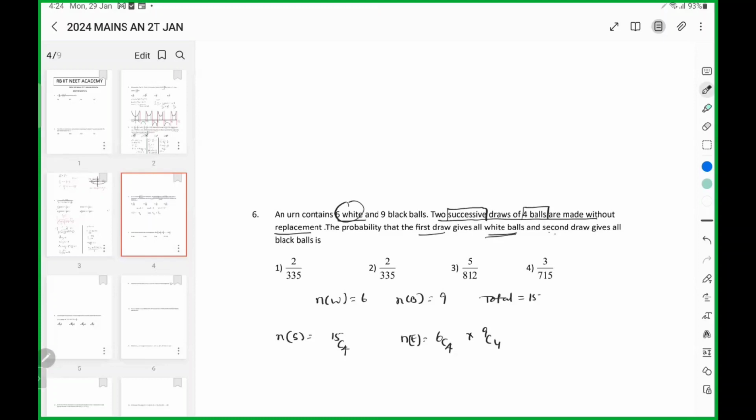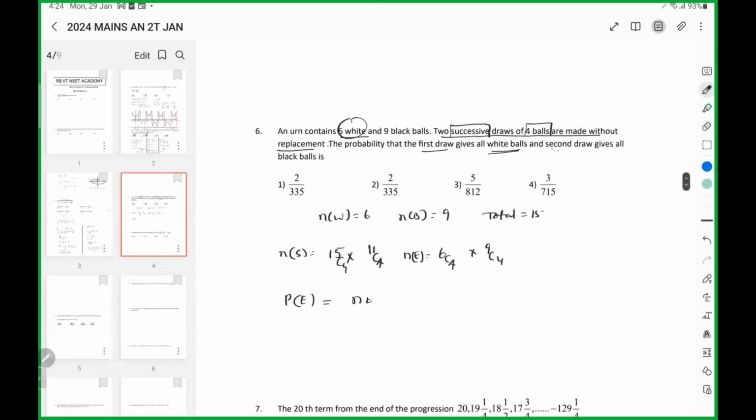Here he didn't draw at a time, so I should not take 15c4. He draws one after another. First he draws 4 out of 15, again from the remaining 11 he draws 4, because of the 2 successive draws. So P of E will be N of E by N of S, which is 6c4 into 9c4 by 15c4 into 11c4.